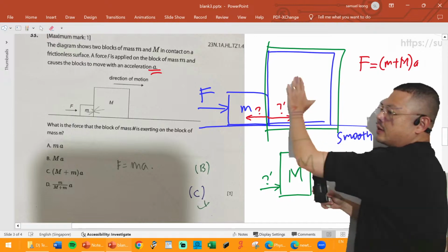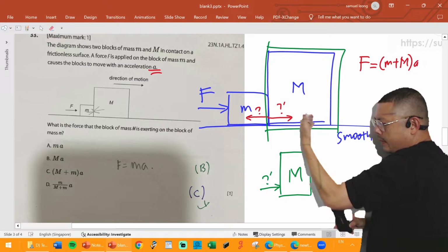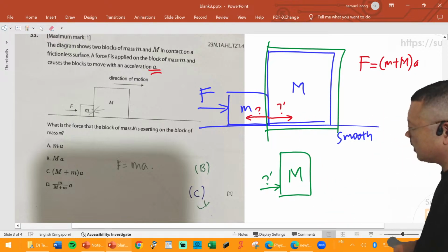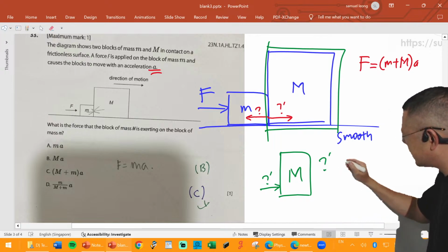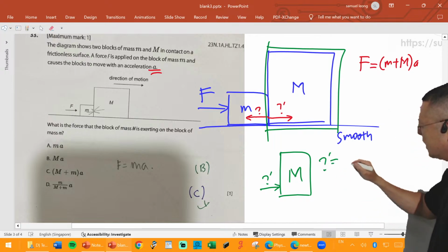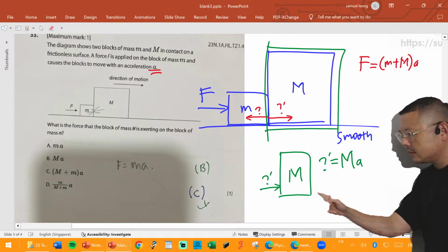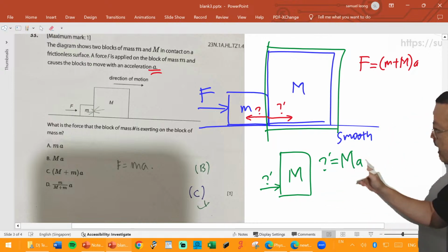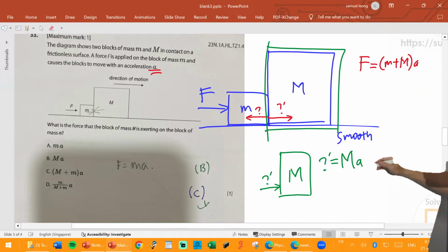He doesn't experience this big F directly. He experiences a force from the small mass that causes him to accelerate. There's no friction, so this unknown force is the resultant force for this big mass. And therefore, I need to sub in A. I need A.